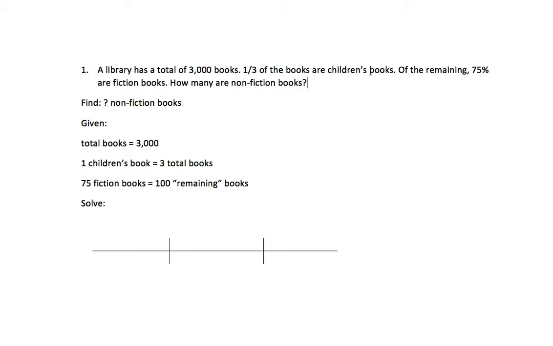And the number of children's books is 1/3 of the total. So if you recognize that as being 3,000 divided by 3, you can do it that way.